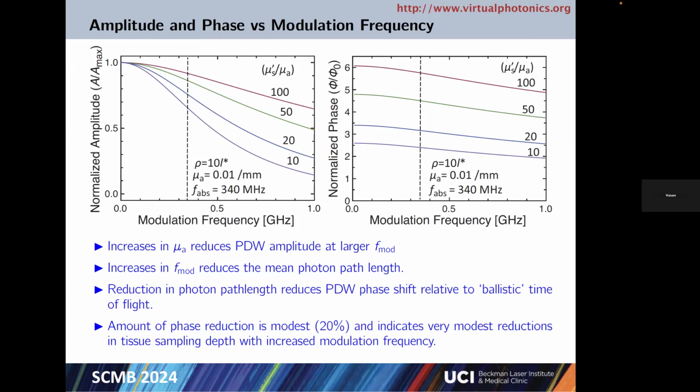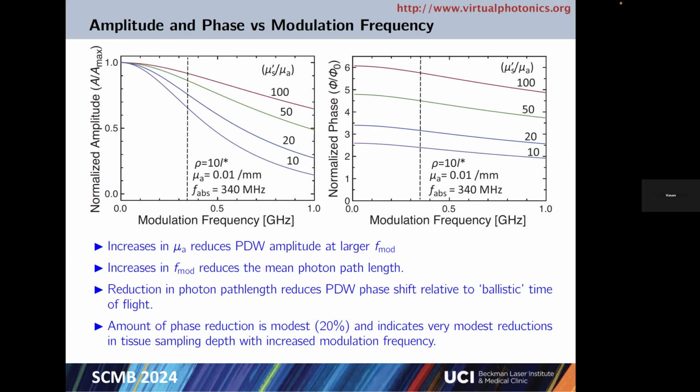So this is kind of like a differential path length. It tells you that in a medium where mu(s) prime is 100 times larger than mu a, the path length that you get at your detector is basically 6 times larger than the direct path from source to detector.